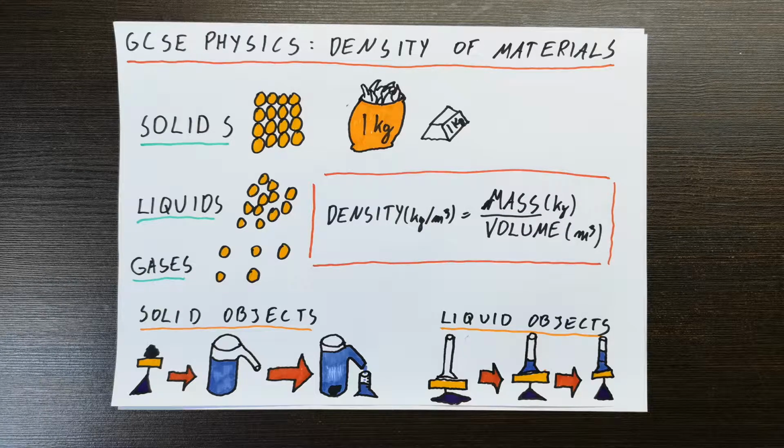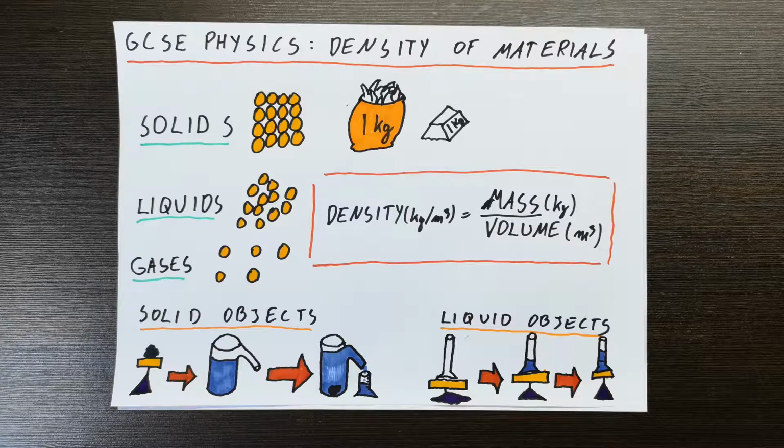Now, of course, there are exceptions. For example, water is one of them, where solid is actually less dense than liquid in most cases. So there are some exceptions, but the general rule of thumb is that solids are the most dense and gases are the least dense.